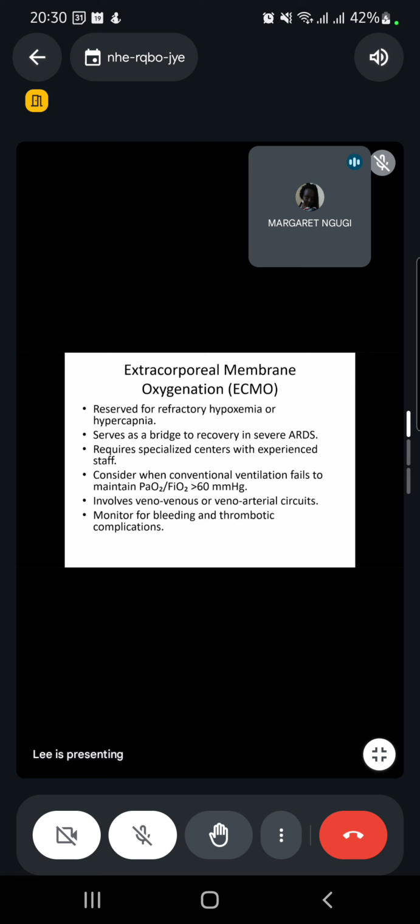It pumps blood outside the body to a heart-lung machine, which removes CO2 and oxygenates the blood. It's used when there is cardiac and circulatory failure. The benefit is that it provides an opportunity for the lung to recover, or for transplantation. Next slide.